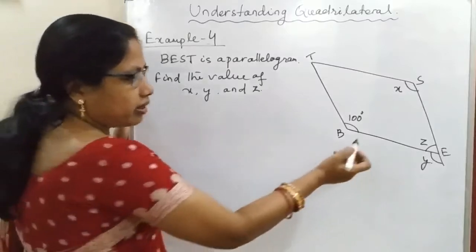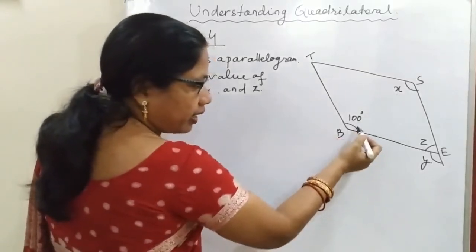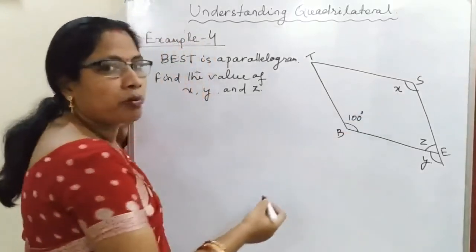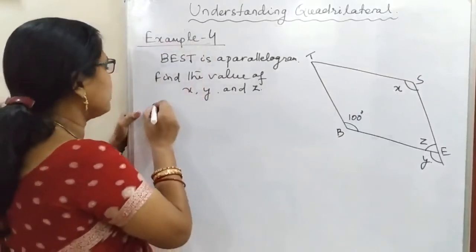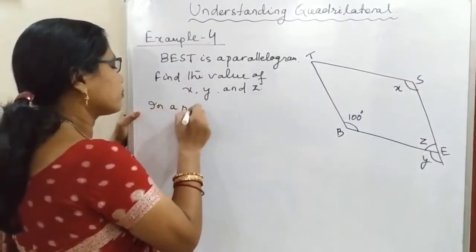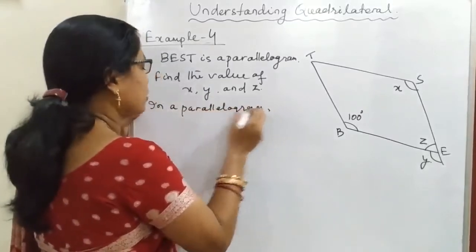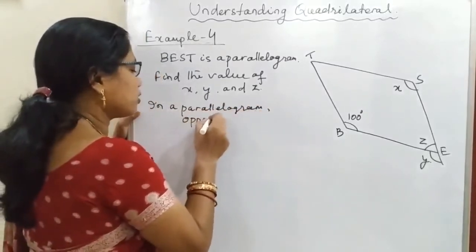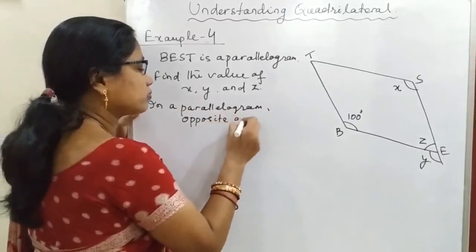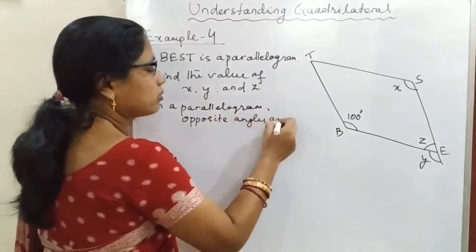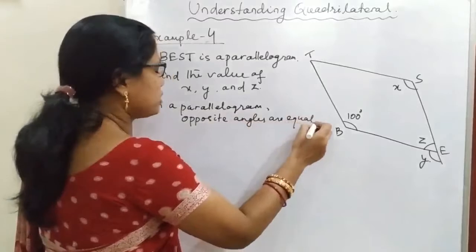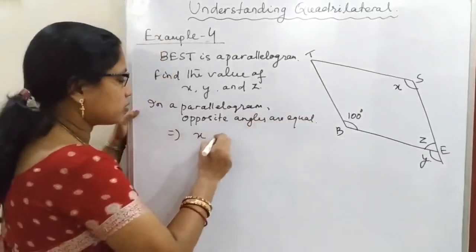Here angle x and angle B, these are opposite angles. So in a parallelogram, opposite angles are equal. So this implies x is equal to 100 degree.